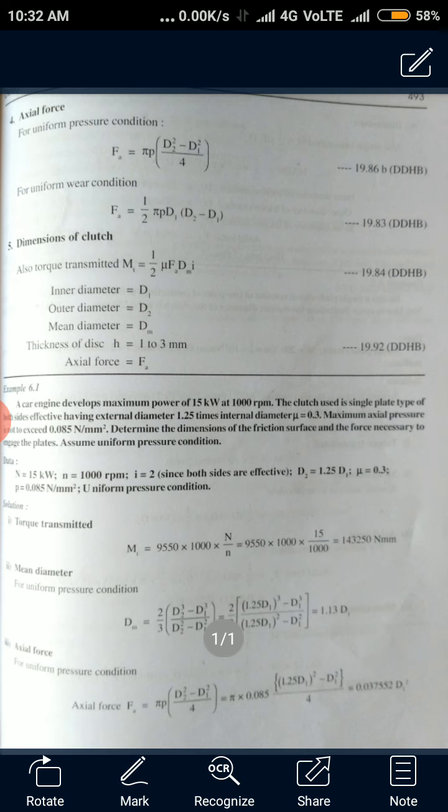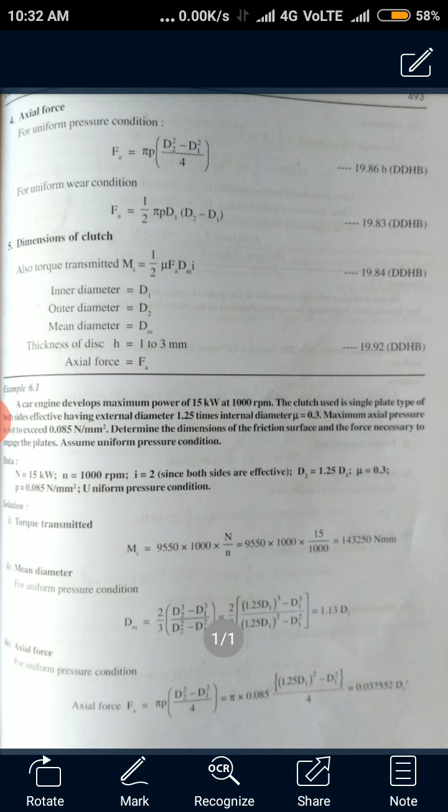Then what are the dimensions of the clutch? We can use one more torque equation, 19.84, that is the torque transferred MT equals 1 by 2 mu Fa Dm into I. If you refer to the book, there is a misprint, I is not printed. You can check it in the data handbook.